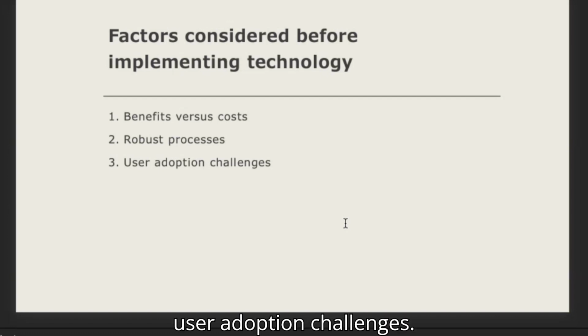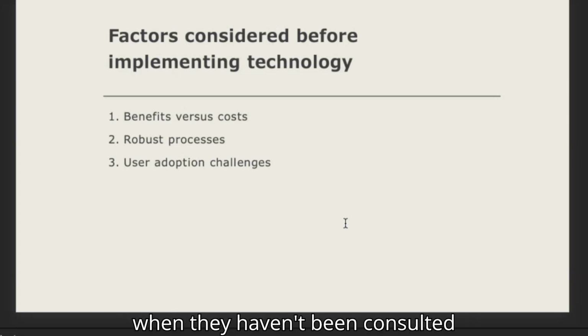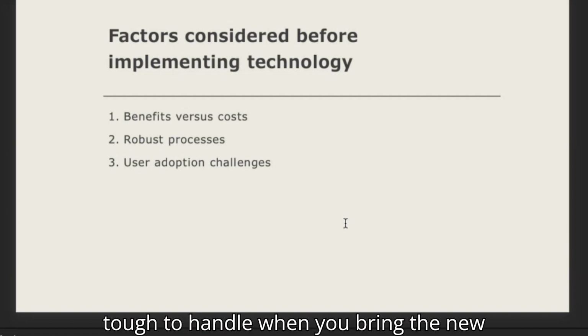User adoption challenges. Users will often resist change. This is what we talked about. And adopting new systems, particularly when they haven't been consulted, and the employees, they are very tough to handle.